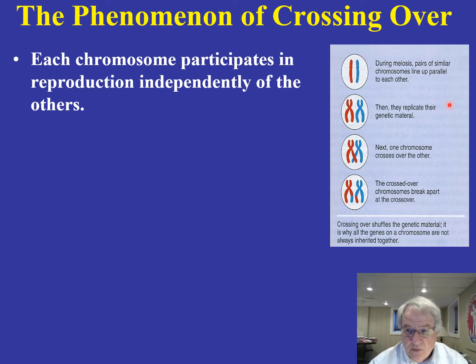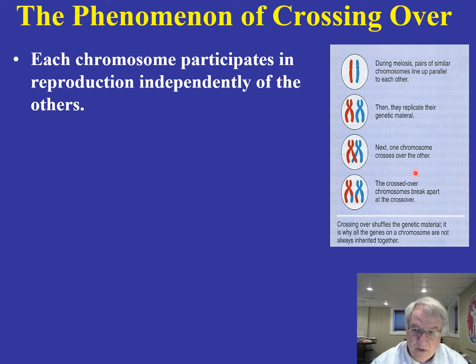So during meiosis, you have pairs of chromosomes. They line up with each other. They duplicate or replicate, as you see here. And then one chromosome crosses over the other, as you see here. And during that crossing over process, they break apart, and the genetic material is shuffled.